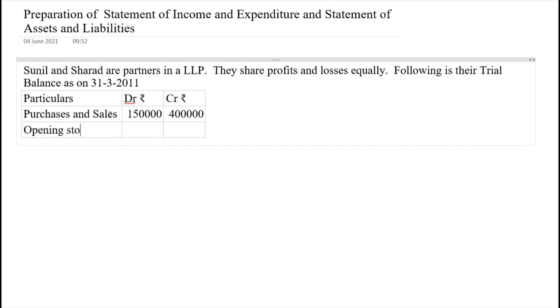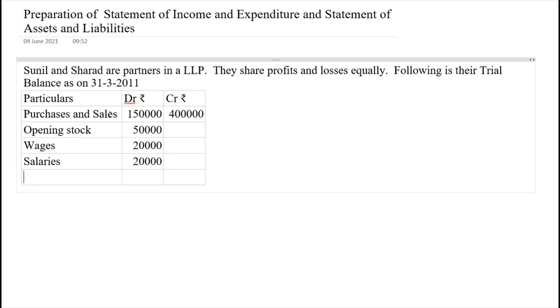Opening stock 50,000. Then wages 20,000. Salaries 20,000. Land and buildings 2 lakhs.